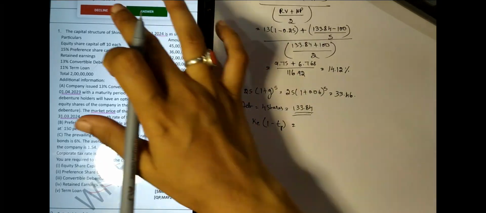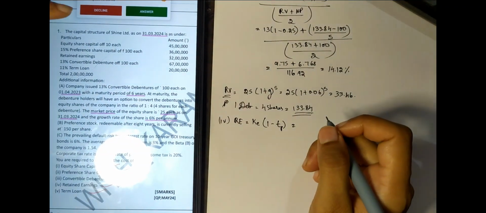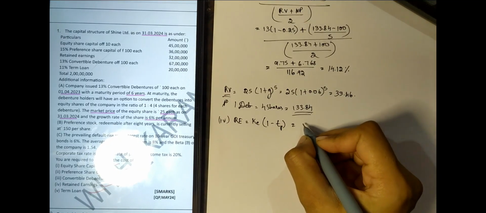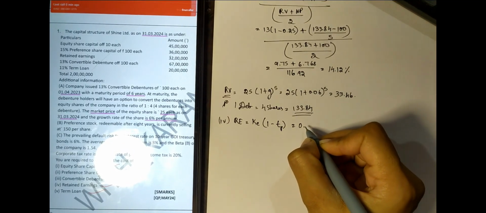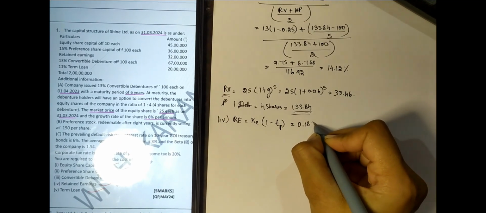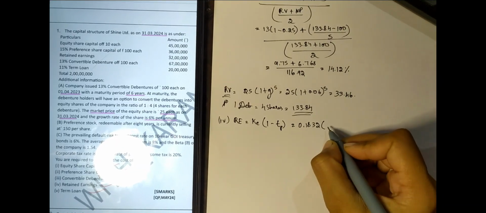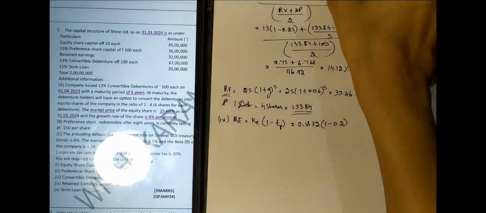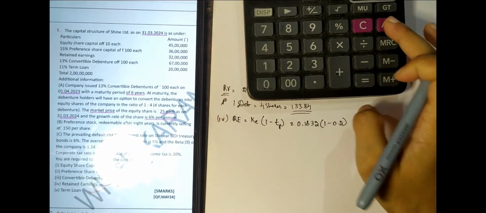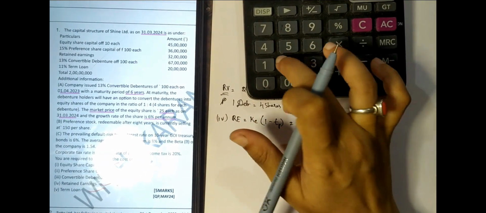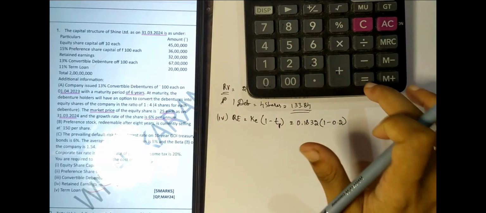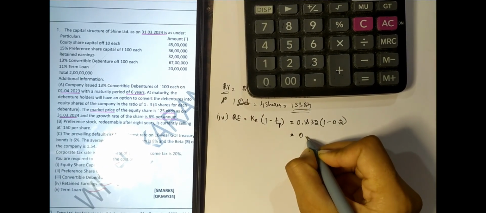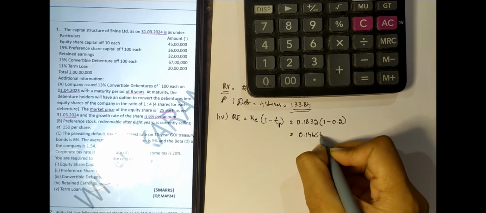So it is 0.1832 upon (1 minus 0.2). So this comes out to be 0.14656.